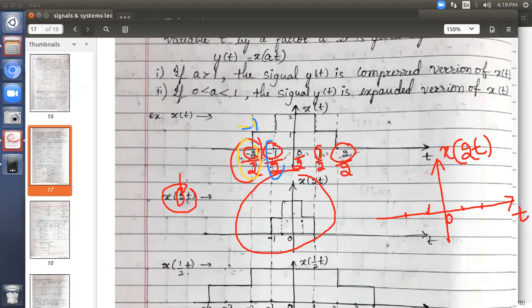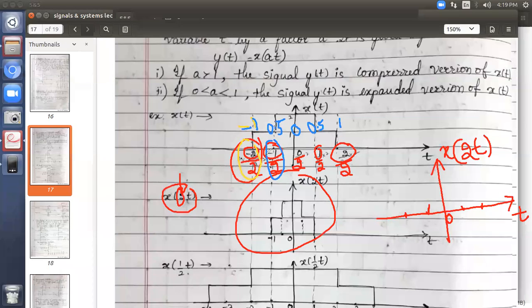What is this new value? -1 by 2, it is 0.5. That is 1 by 2 you can write. 0 by 2 is 0 itself. Then 1 by 2, it is 0.5. Then 2 by 2, it is 1.